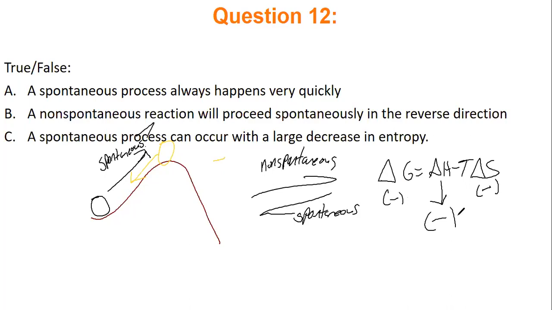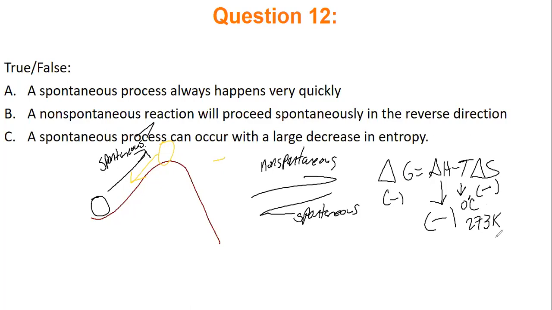We said just on the last slide that liquid water has more entropy than ice, right? So when you take liquid and you freeze it, entropy decreases a lot. But water freezing is spontaneous at certain temperatures, below 0 degrees centigrade or 273 Kelvin, right?